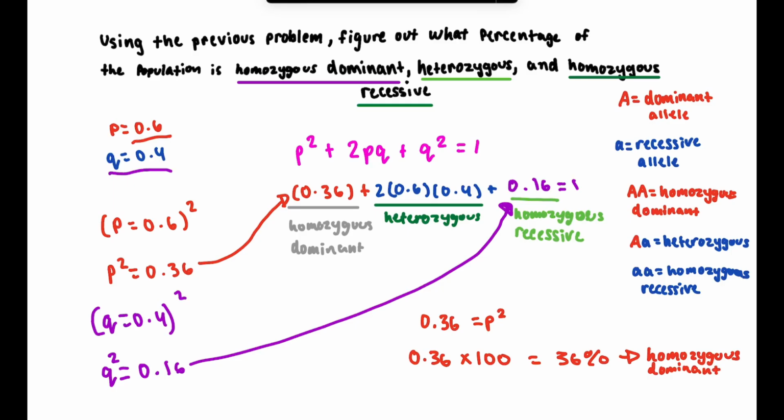Then we know that 2 times 0.6 times 0.4 is the percentage of the population that's heterozygous. So you do 2 times 0.6 times 0.4, which is then equal to 0.48. You multiply this by 100, and then you get that 48% of the population is heterozygous.